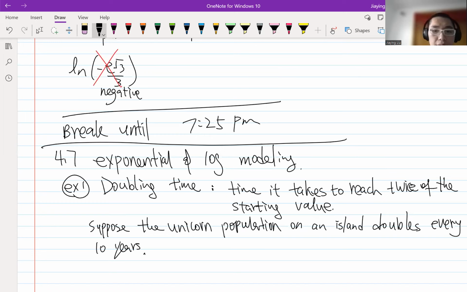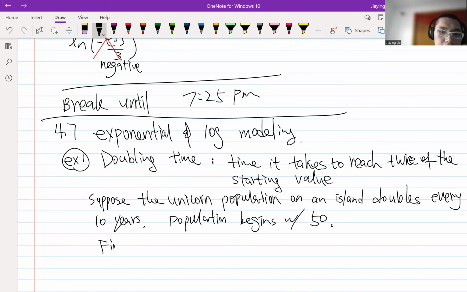So let's see, the population begins with 50. And we're going to find a function that gives the population of unicorns after a number of years, t.